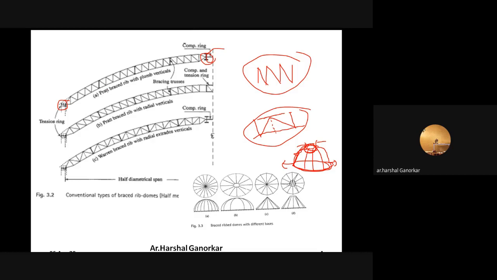Again, we have seen the types, one type and that type. So let us see all those types.